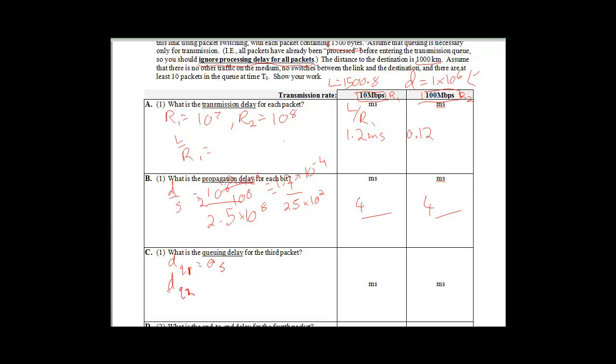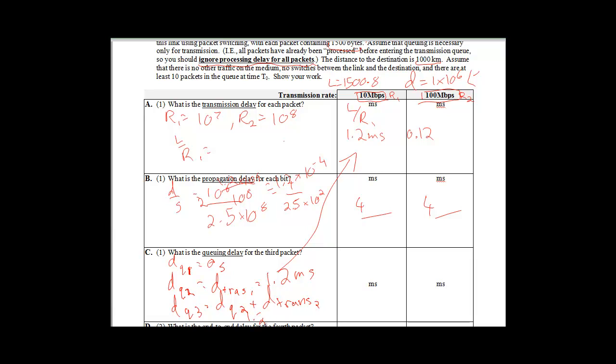But the queuing delay for the second packet is equal to the transmission delay for the first packet, which up here is 1.2 milliseconds. So then dq3 is equal to dq2 plus d trans 2.